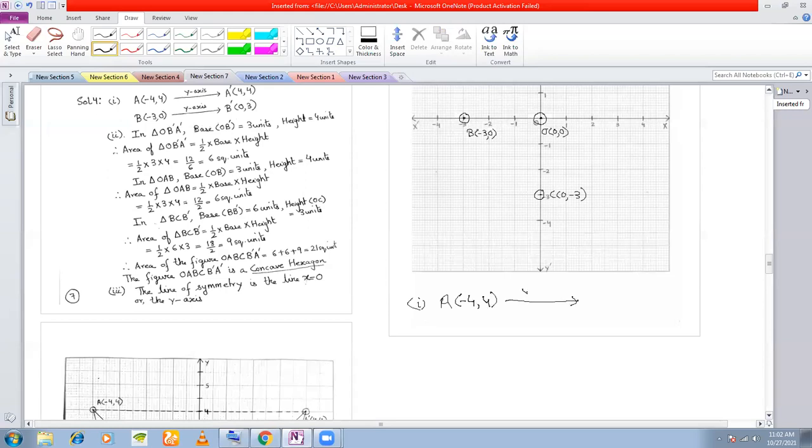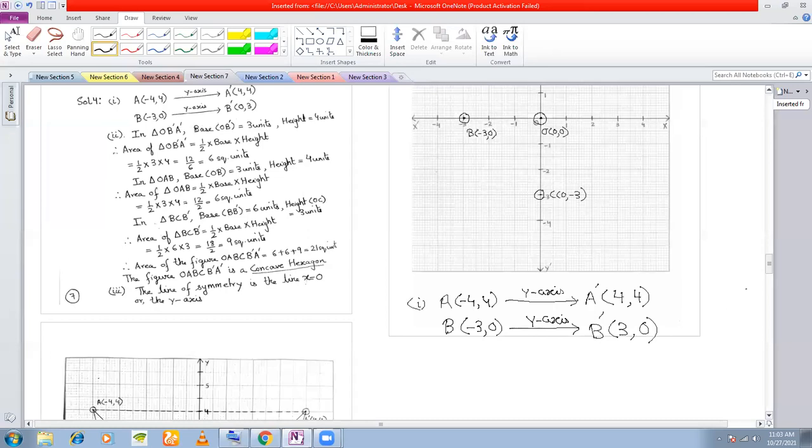When reflected in the y-axis, you see that when we are reflecting in the y-axis, y coordinate remains the same. We only change the sign of the x coordinate. It becomes A dash 4 4. And B is the point minus 3 0. Reflected in the y-axis becomes the point B dashed. And again, we change the sign of only the x coordinate: 3 0.